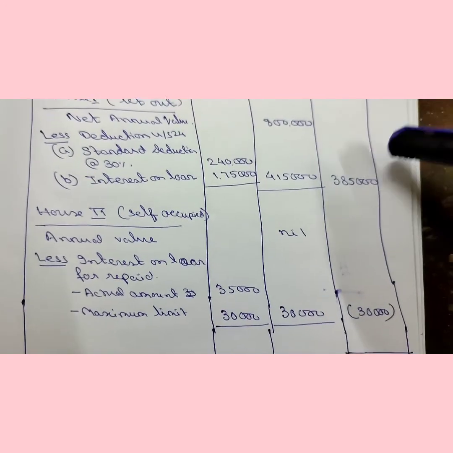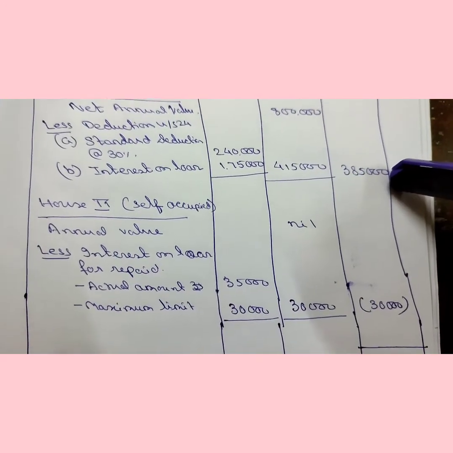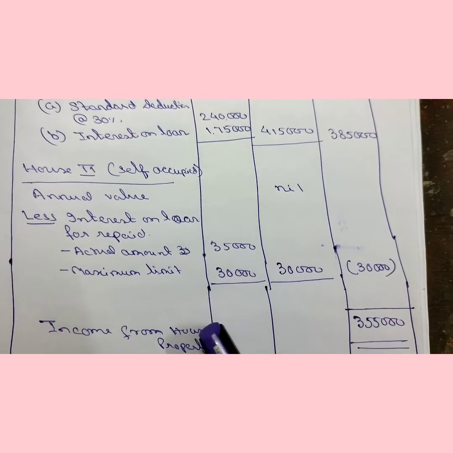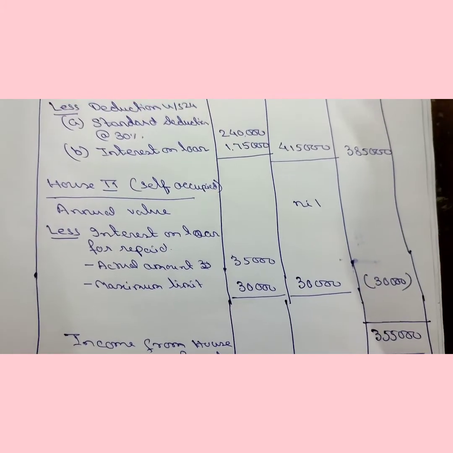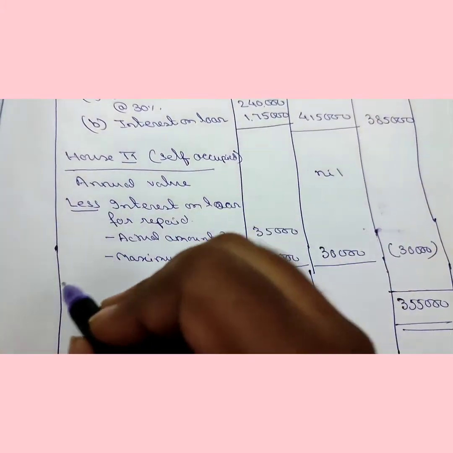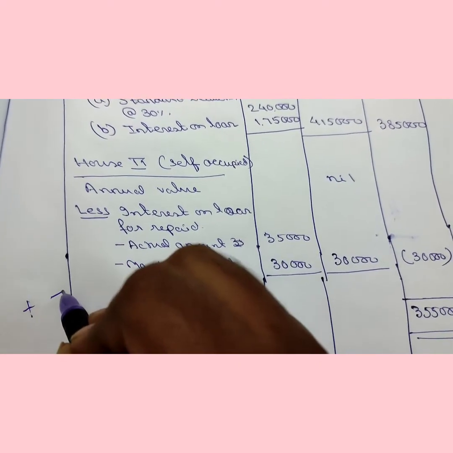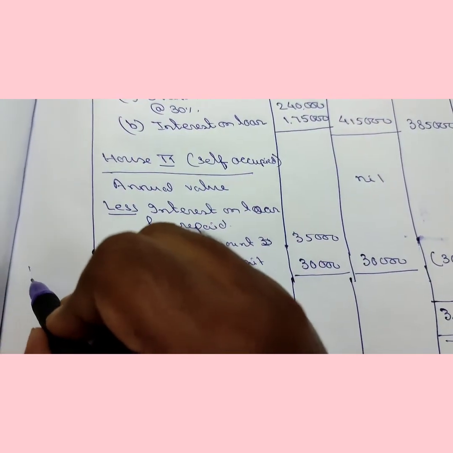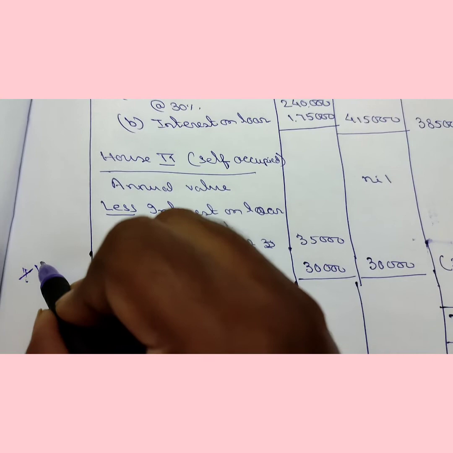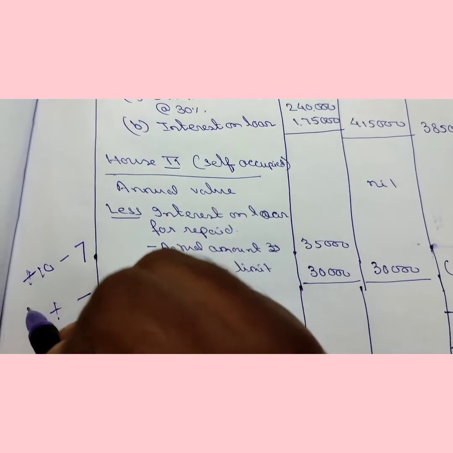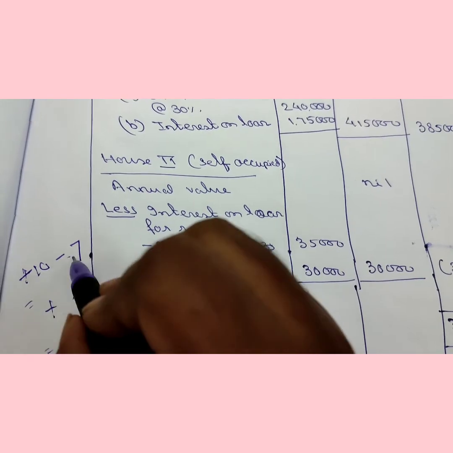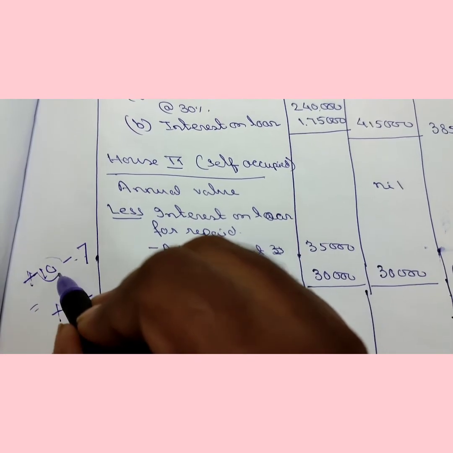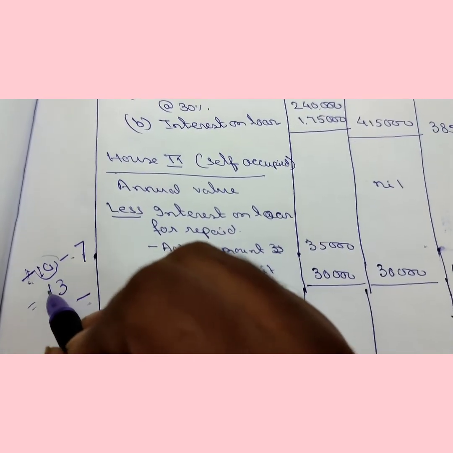Now for the first house, he has income of rupees 3,85,000 and for the second house he has a negative income of rupees 30,000. So for total income from house property, again it is an algebraic rule, you know that, plus minus. Here it will be minus. Suppose here it is plus 10 and minus 7. 10 minus 7 will be 3, and the sign of the higher amount 10 is plus, so it will be plus.